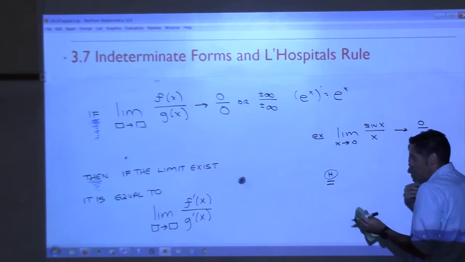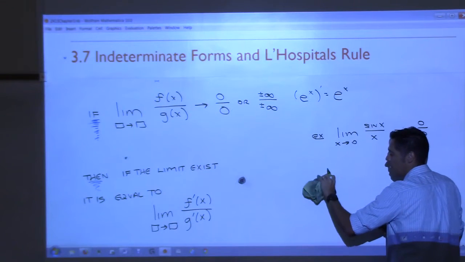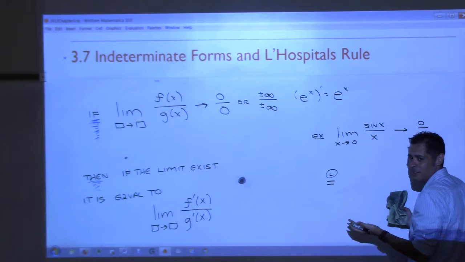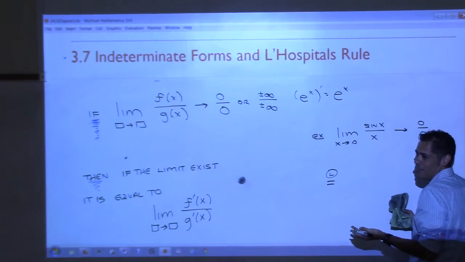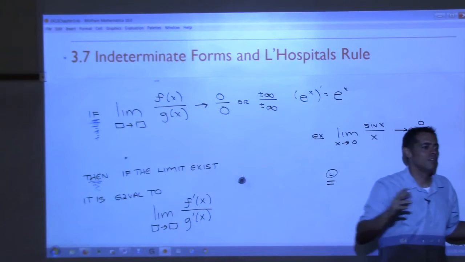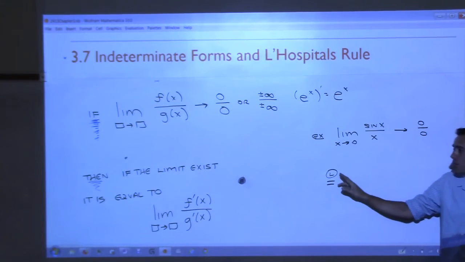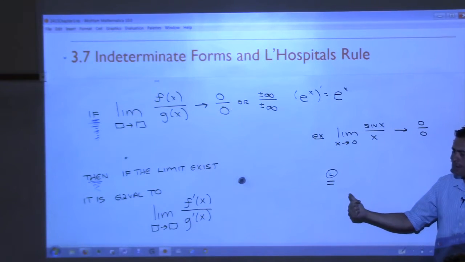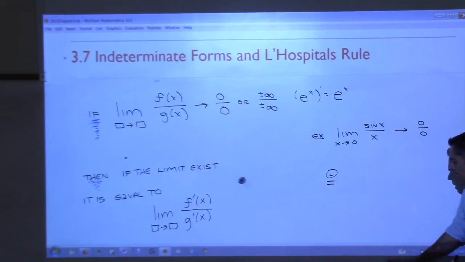For me, I use L for L'Hopital, and I think I screwed up at some point and it's just always been that way. They use H. I don't care what you use, but use something to let me know and let you know that you're applying this rule. I'm going to do L because I've been doing L my whole life.